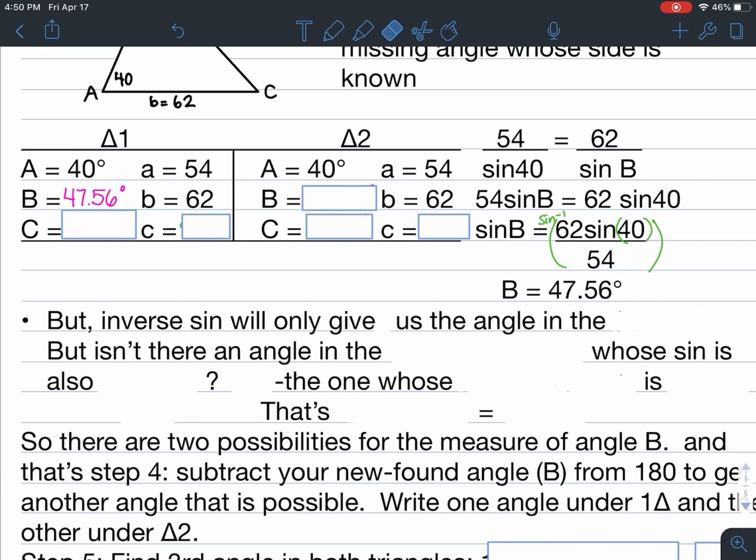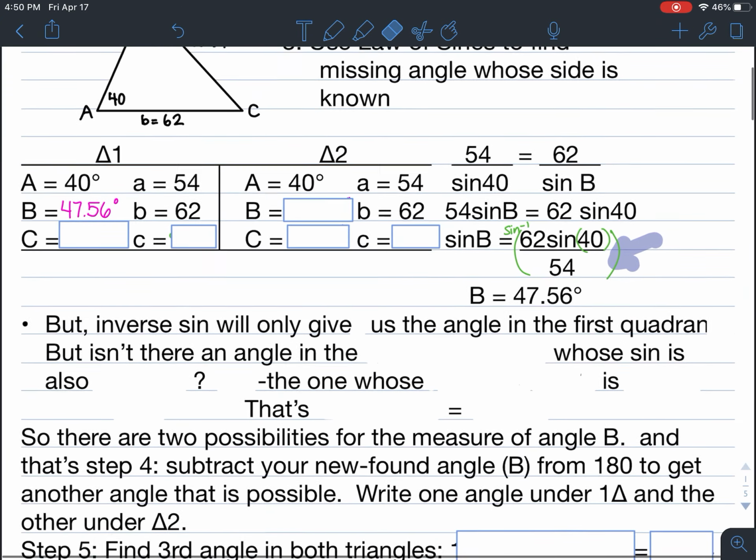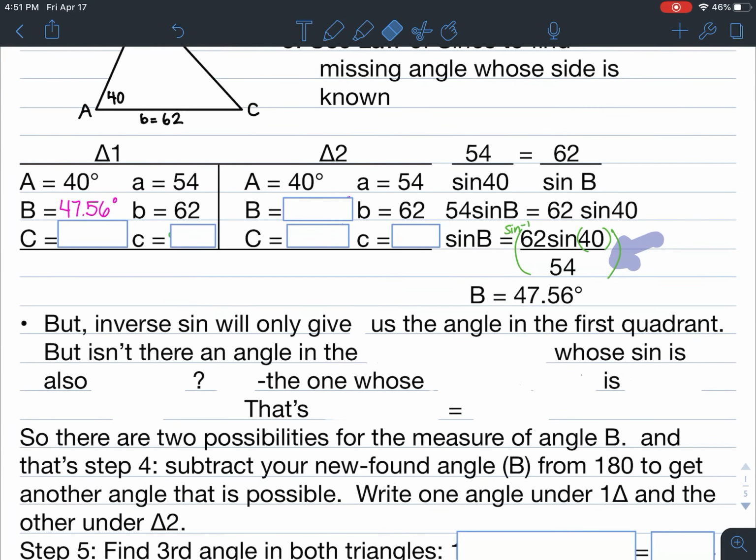Okay, let's talk about this other possible triangle. So I wrote some notes down here for you. But inverse sine, what we did right here, will only give us the angle that's in the first quadrant. Because if you remember when we did inverse trig functions, it was one of the last things we did in school before we had to leave.